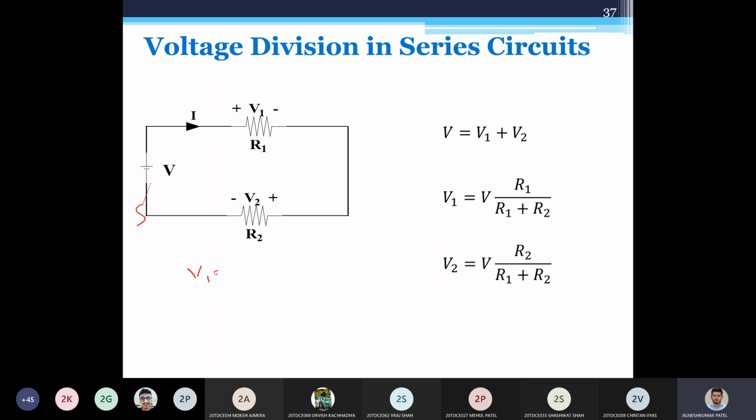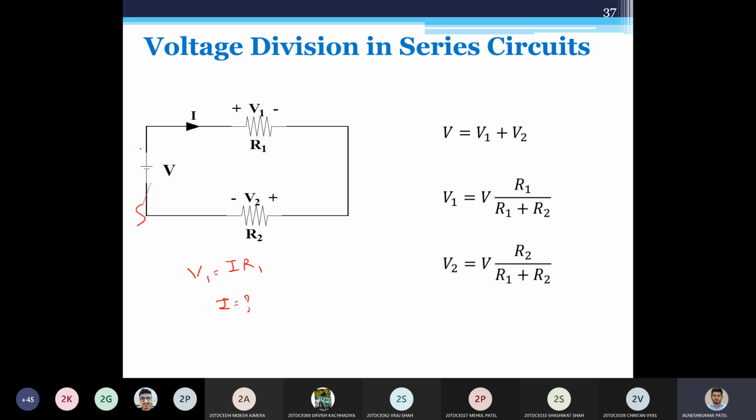So I know V1 is equal to I into R. This is my current flowing through this circuit, so I can say V1 is equal to I into R1. Now what would be the value of I?